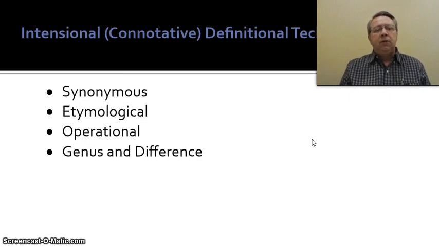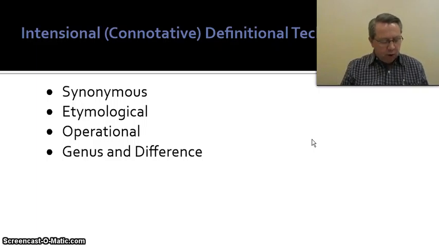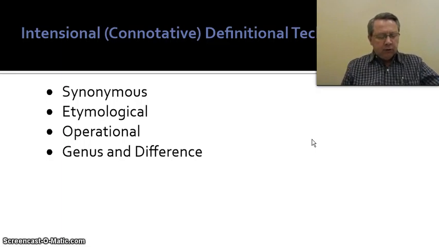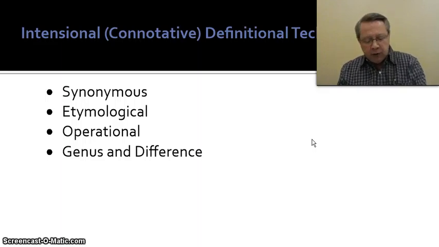And then you have intensional definitions, found on page 104. In the book it says, an intensional definition is one that assigns a meaning to a word by indicating the qualities or attributes that the word connotes. If you go back to page 90 in your textbook, it shows you the extension and the intension, the denotation and the connotation.